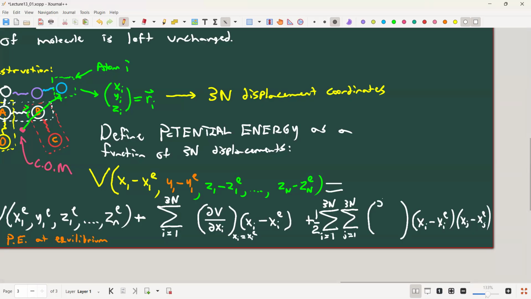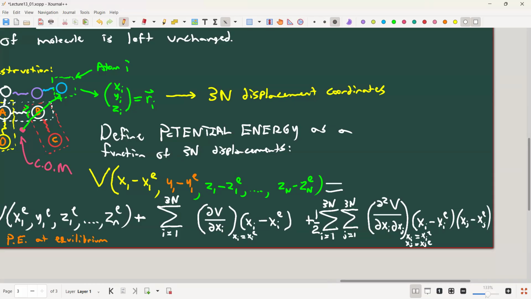So that's the second derivative with respect to the 2 coordinates, where both of them are evaluated at the equilibrium point. Remember, this is the slope of the curve at the equilibrium point, and this is the curvature of the function, how sharp the quadratic function is.